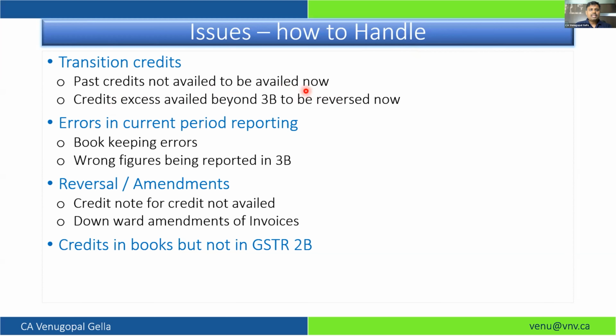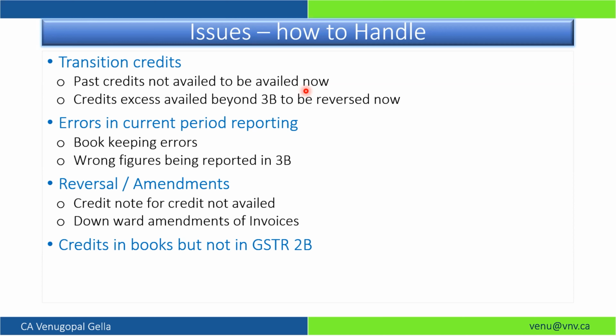Report them in the current month under 4D1 because you have never availed them and you are now availing them. Report it under 4D1 and under 4A5 so that you have a track of the opening, the first month of this new return. So you are reporting that these are your past credits that you are availing. Okay, sir.